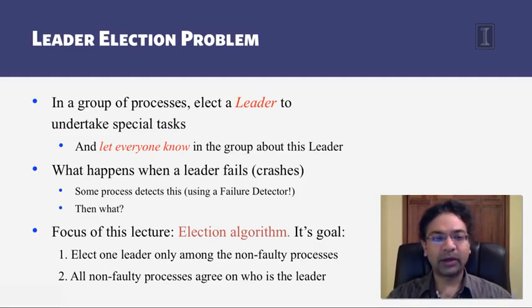After this failure is detected, you need to run another election algorithm so that a new leader is elected, and this leader is a non-faulty process, meaning one that has not crashed. And also you need to let all the other non-faulty processes in the group know who the new leader is. So that's the goal of the election algorithm. That's the leader election problem in distributed systems.